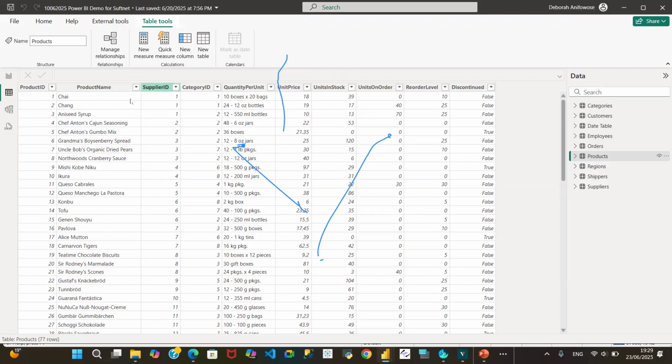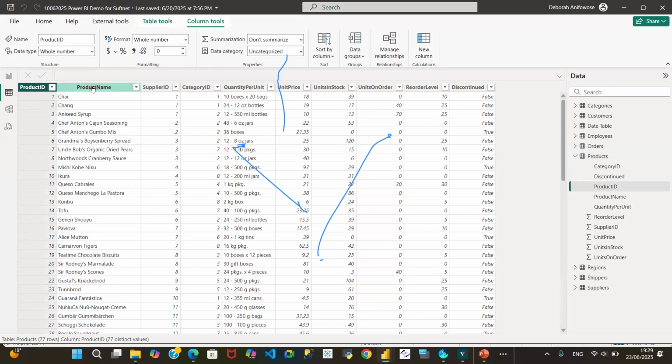Yes, no? What do we think? What about unit price, units on order, and quantity sold? Okay, so this is not quantity sold. Let's look at it. So we have the product ID, product name, the supplier that supplied it, category ID.